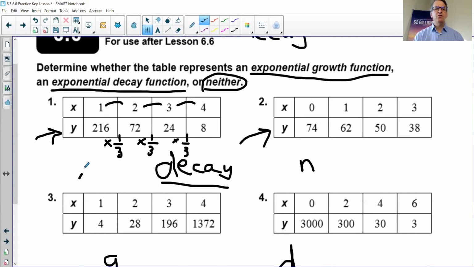Number 2 is neither: 0 to 1, 1 to 2, 2 to 3. As you can see, this goes down by 12, and then it goes down by 12, and it goes down by 12. But this is neither exponential growth or decay, okay? So it's neither exponential growth or decay.